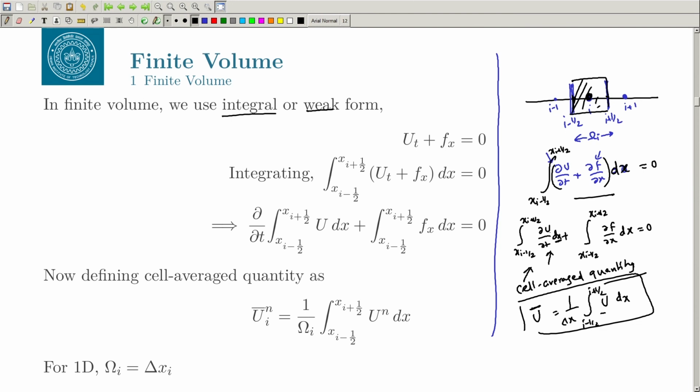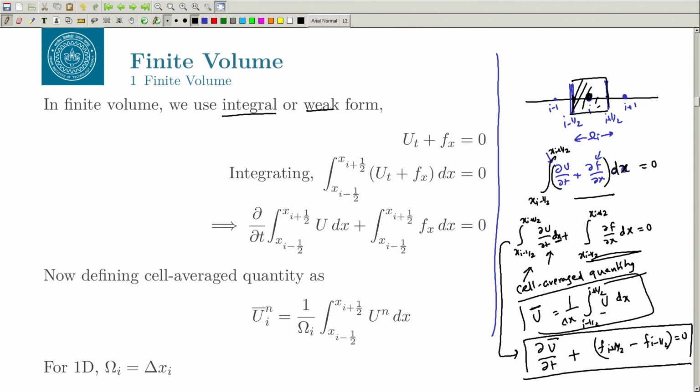So, if you define a cell average quantity, you can write this equation as du bar by dt, and then you will have this one. You can see that this is dx and dx. So, this will become f I plus half, which is nothing but the flux evaluated at I plus half, minus f I minus half, is equal to 0.